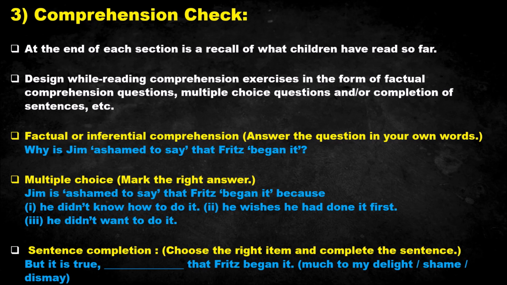And here is another type of exercise we can use, sentence completion. Usually we call it fill in the blanks. So, but it is true that Fritz began it, much to my delight, or shame, or dismay. So this is how we have to use this component under Comprehension Check.